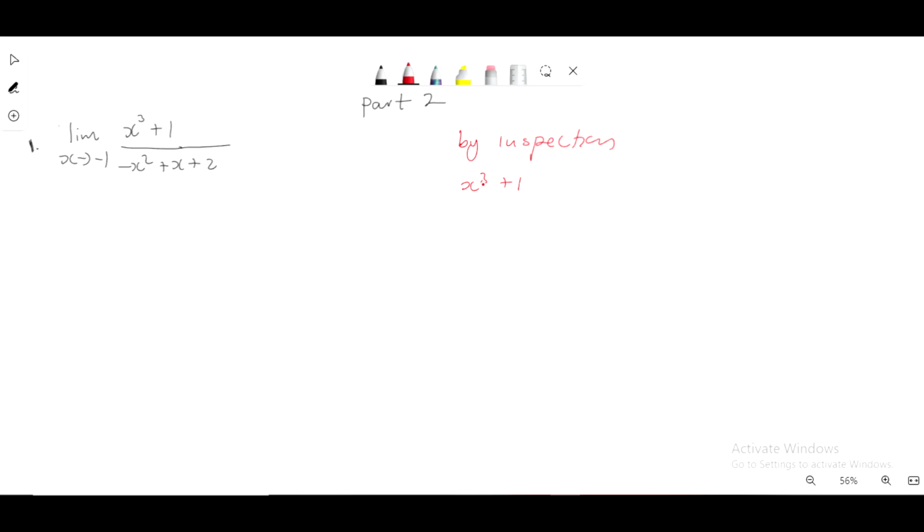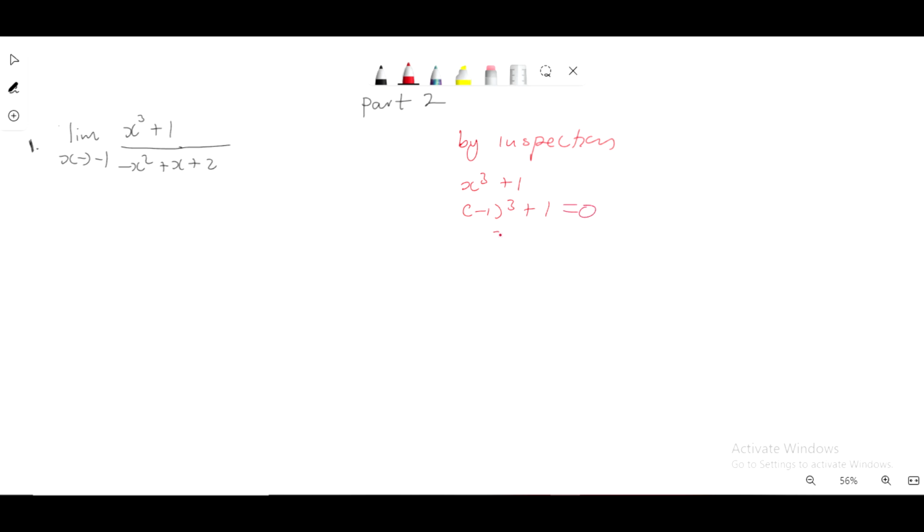So if I substitute 1 in here, I'm going to get 1 cubed plus 1, which is 2. But if I try minus 1, minus 1 cubed plus 1, minus 1 cubed is minus 1. So minus 1 plus 1 is 0.